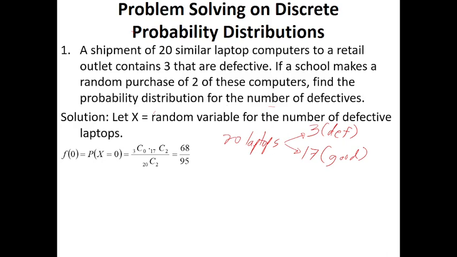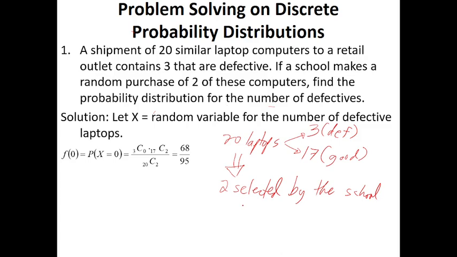So from 20 laptops, 2 were selected. If a school makes a random purchase of 2 of these computers, so 2 were selected by the school. 2 laptop computers were purchased by the school.